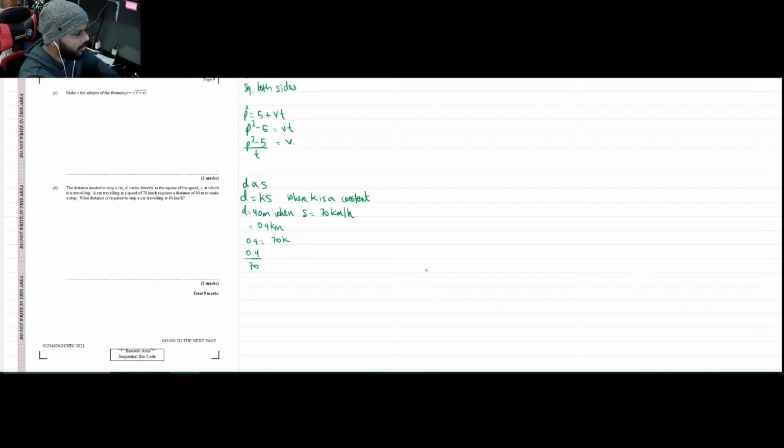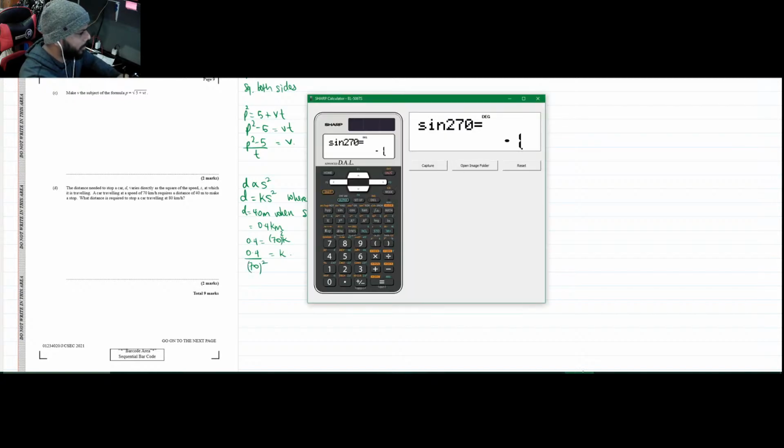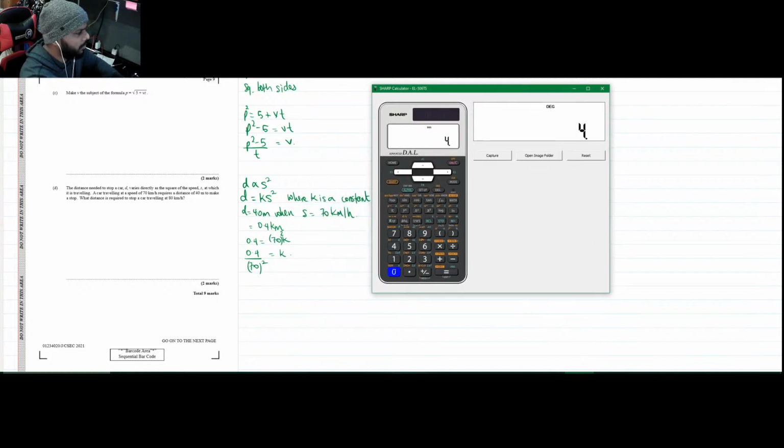0.04 over 70 is equal to k. Oh shucks, s squared. So I need to square the speed now. 70 squared. Jump on the calculator: 0.04 divided by 70 squared. No, I think we have to leave it as 0.04 divided by the square of the speed.